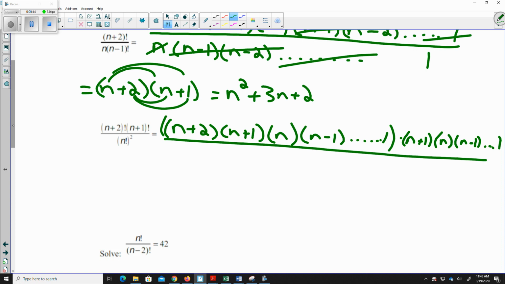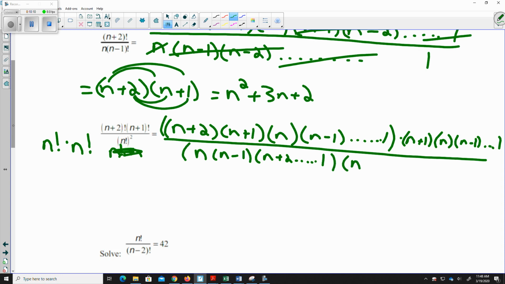Now n factorial squared. N factorial times n factorial, right? Whenever you square something, you just multiply it by itself. So the first n factorial would just be this. Times n factorial again.